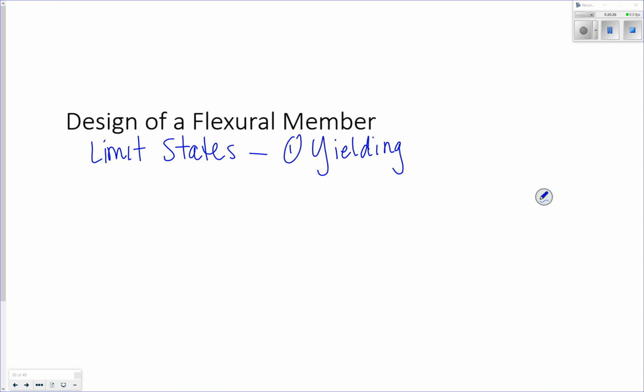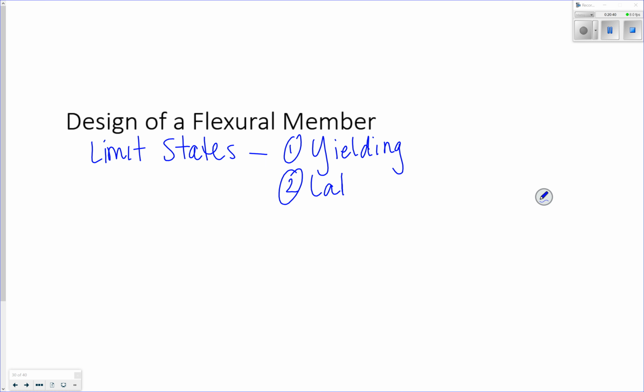So let's summarize design of a flexural member. There are 3 limit states. One, full plastic yielding. This is the entire cross section has yielded, not just the onset of yielding of any element.